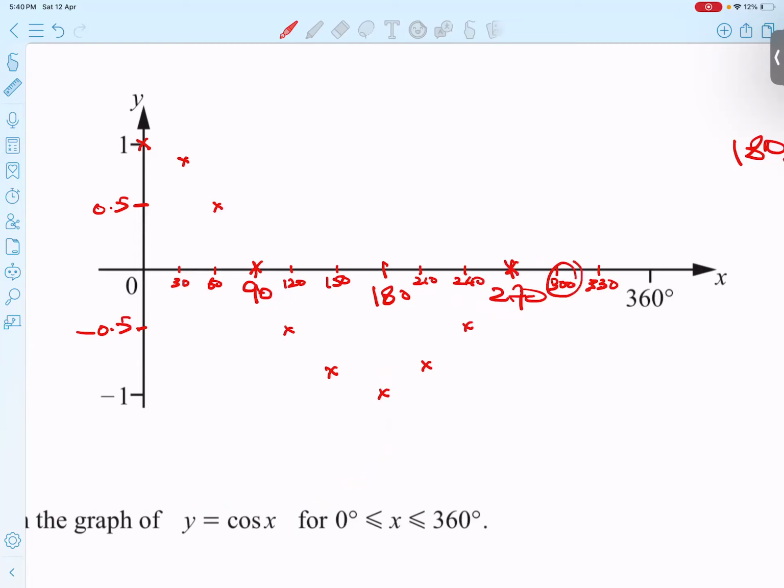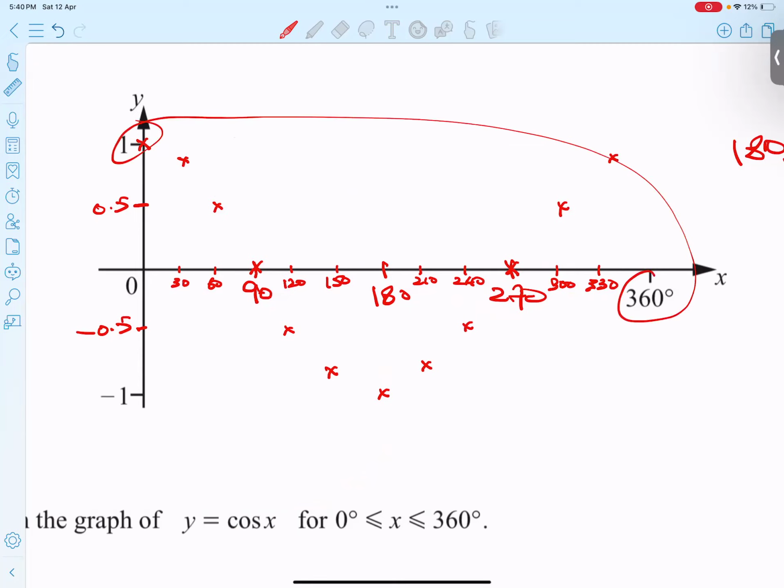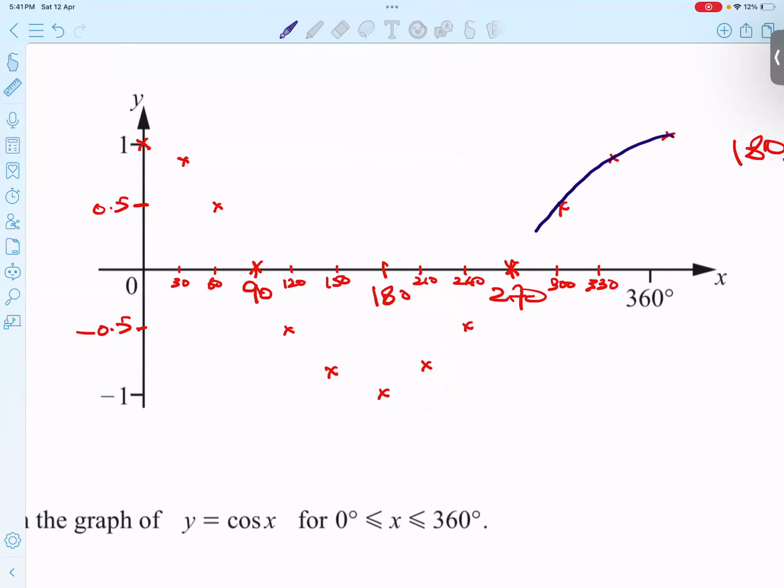Against 300, again I get a positive 0.5. Against 330, I get again positive 0.866. Again 360, I get 1. I believe you people are understanding. Now I'm going to sketch. You see a graph is coming like this.